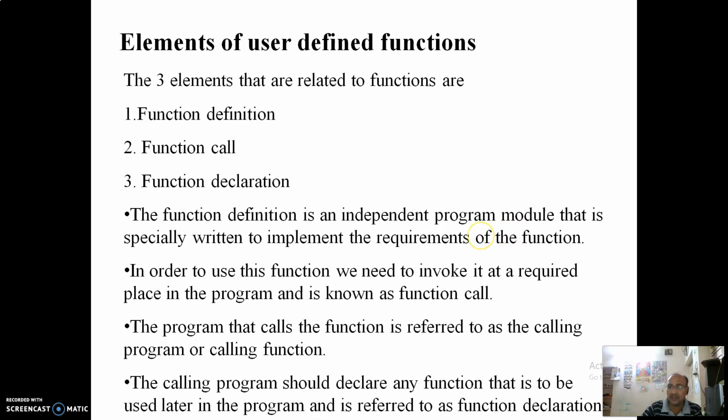In order to use this function, we need to invoke it at a required place in the program, and that is known as a function call. The program that calls the function is referred to as the calling program or calling function. The calling program should declare any function that is to be used later in the program, and this is referred to as a function declaration.